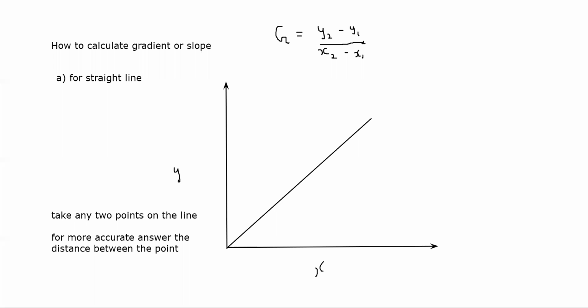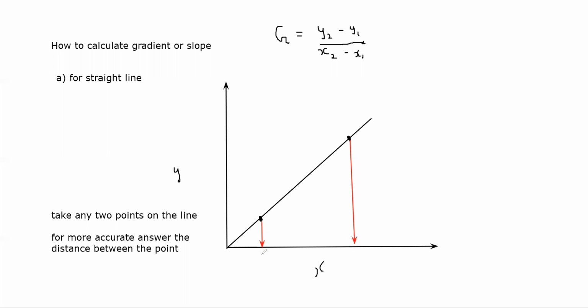We'll take any 2 points, it's up to you. For example, I take this as the first point and this one as the second point. The first value on the x-axis is called x1 and the second value on the x-axis is called x2.